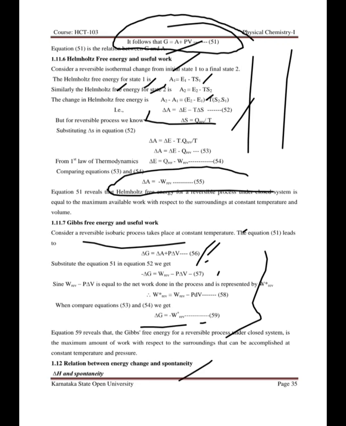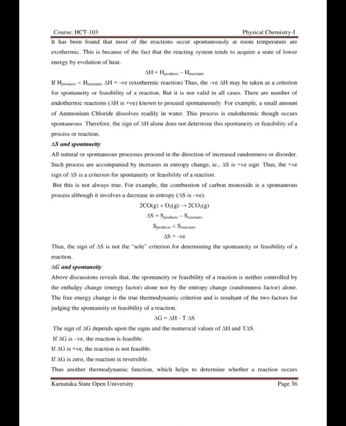And further, the relationship between energy change and spontaneity. Here some of the relationships are there. And next is delta S and spontaneity, where delta S is the entropy with spontaneity in the system, and delta G with the spontaneity of the system.